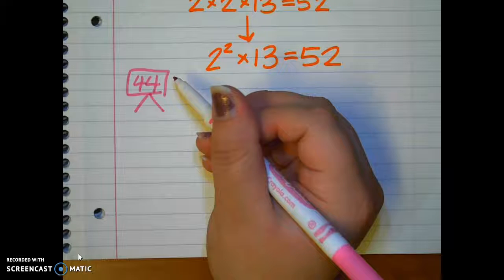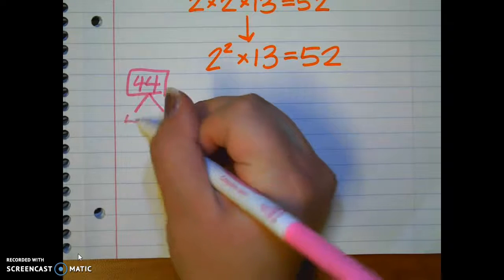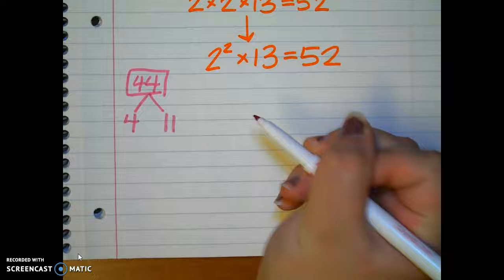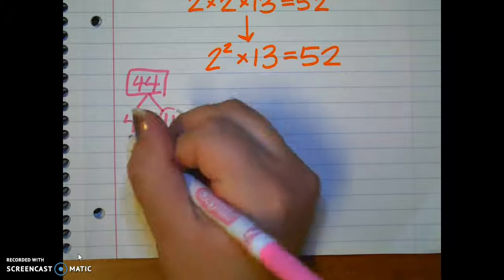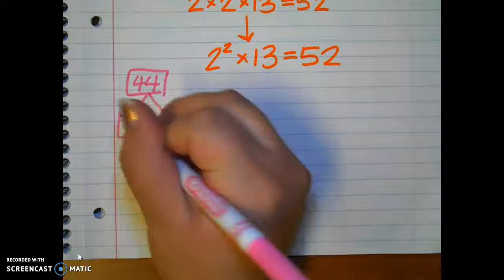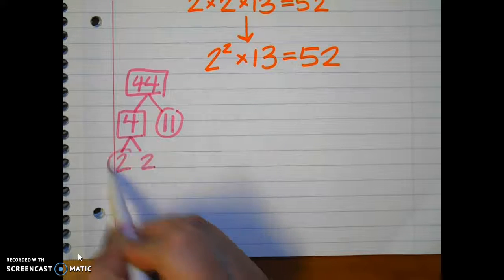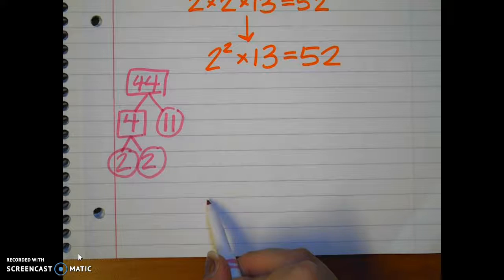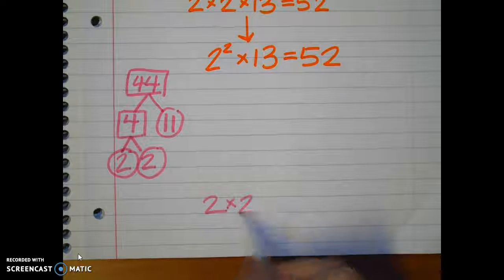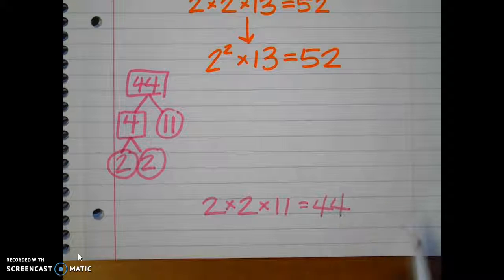Or since we already know that 4 times 11 is 44, we could start out with that route as well. 4 times 11. We know 11 is prime, but 4 is composite, so we're going to keep going. 2 times 2 gives us 4, and then we're done. So that is 2 times 2 times 11 gives us 44.